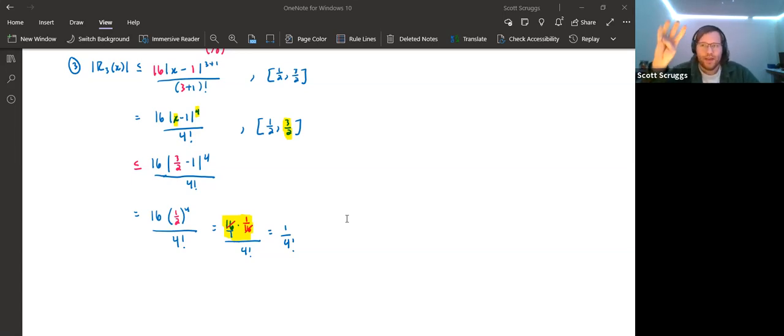And 4 factorial is 4 times 3 times 2 times 1. 4 times 3 is 12, times 2 is 24. So 1 over 24. And that would be my final answer for the remainder of this problem. It will be 1 over 24.